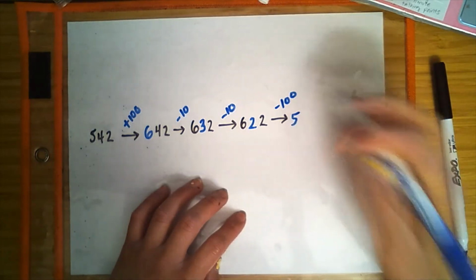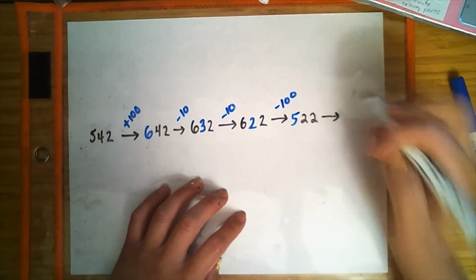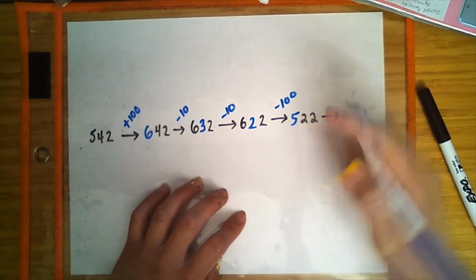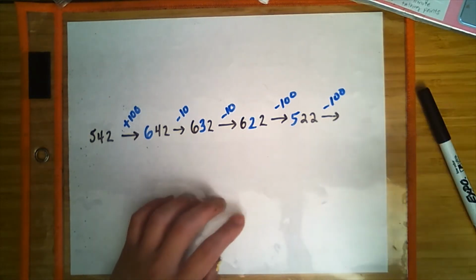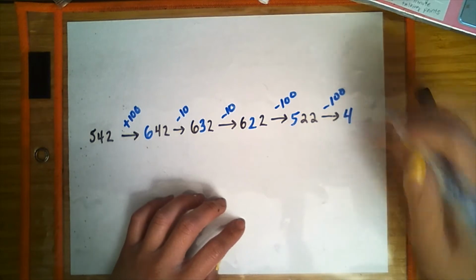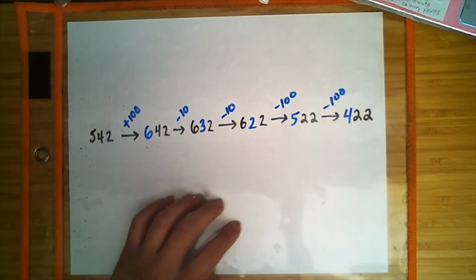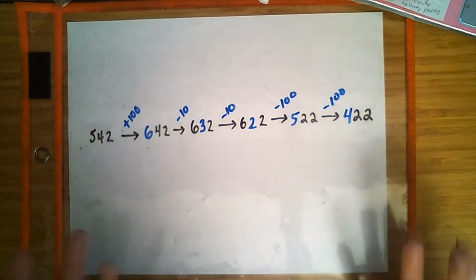Great. It would be 522. And then lastly, 522 minus 100. It would be 422. Great job.